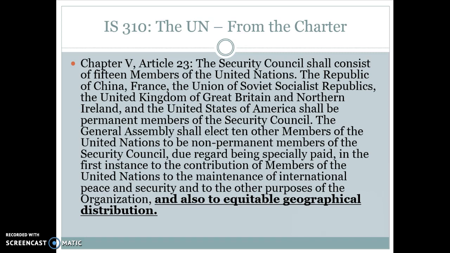If you're concerned about the rise of Japan, make sure China's present there. But that means that the United Kingdom, France, and the United States are essentially allies, and the United States gets put in a group I'll tell you about in a minute called WEOG, which is the West Europe and other groups. You have 3 very similar looking states, and if you add the United States, which some people would argue is a 4th, that's not a fair balance. But the rest is supposed to have equitable geographical distribution.